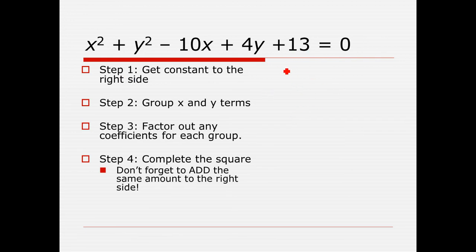So let's see what we have here. I'm going to do step 1 and 2 together. I'm going to group my x terms, and I'm going to group my y terms, and I'm going to get my 13 over to the other side.